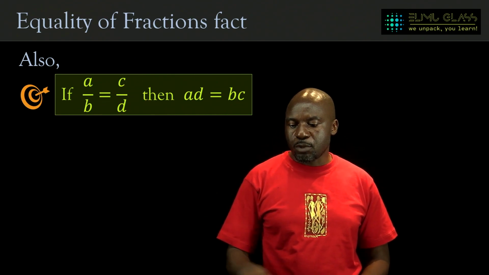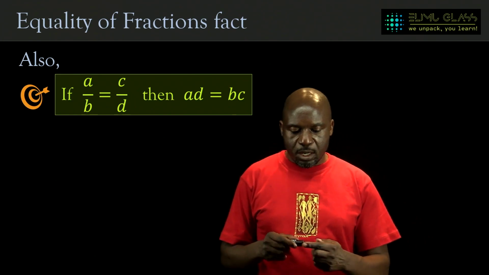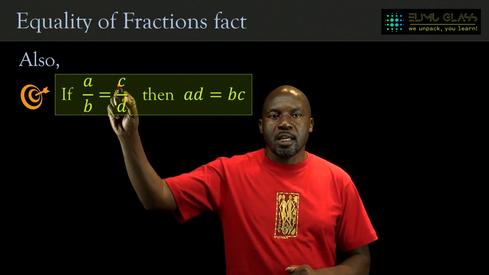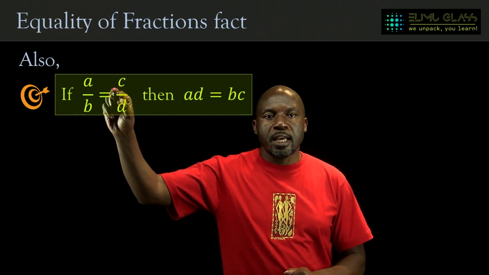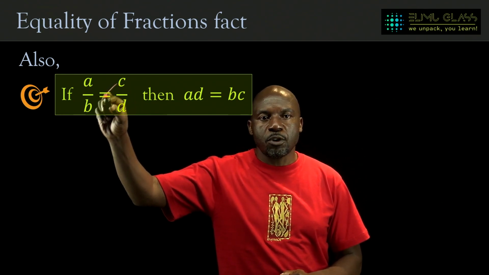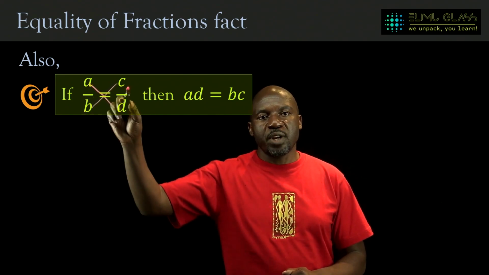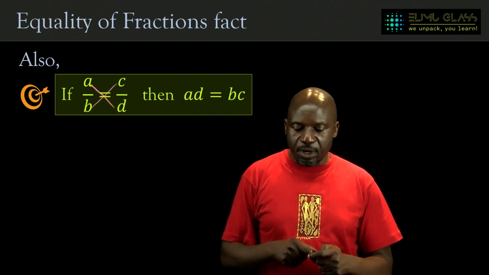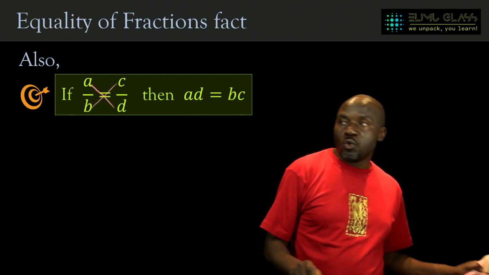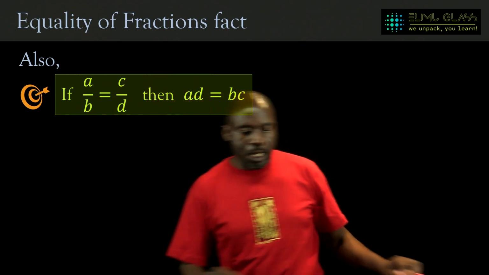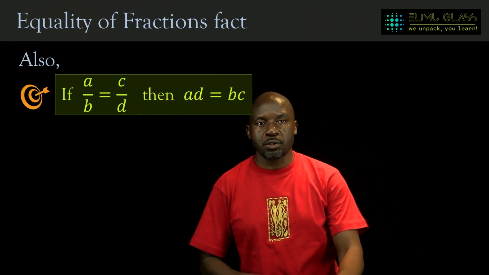So we call it cross multiplication because c is multiplying b, and a is multiplying d, so we end up with a cross, and we refer to that as cross multiplication.